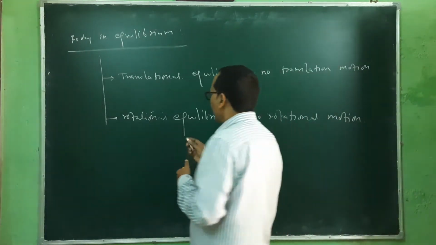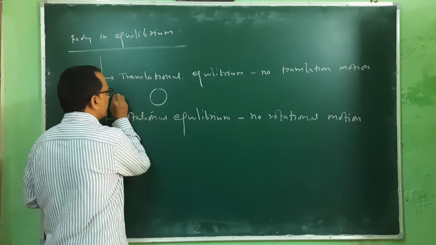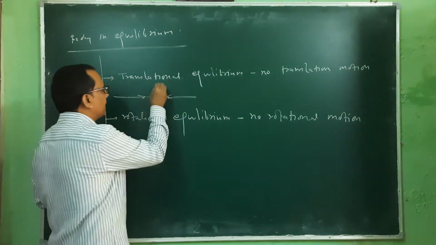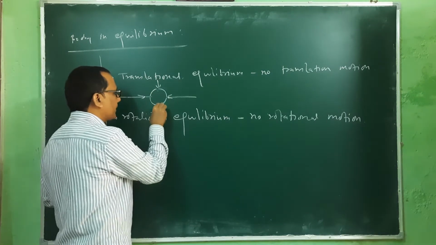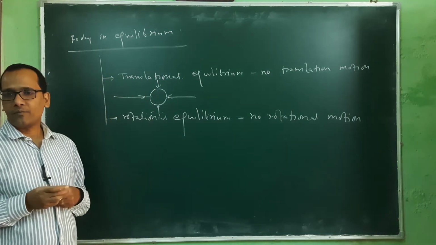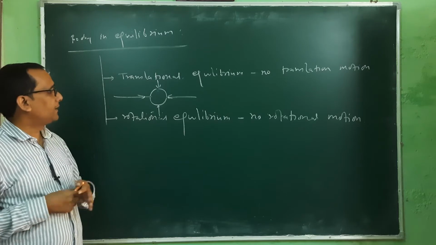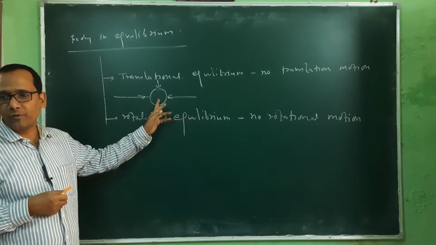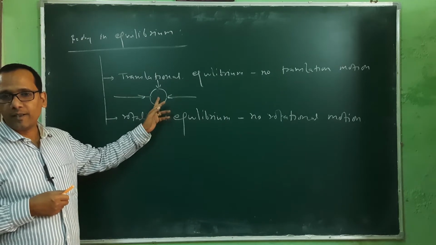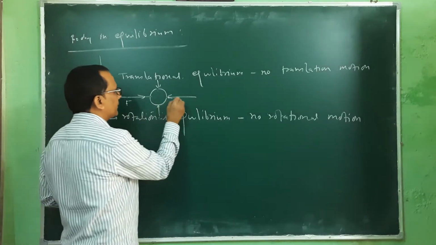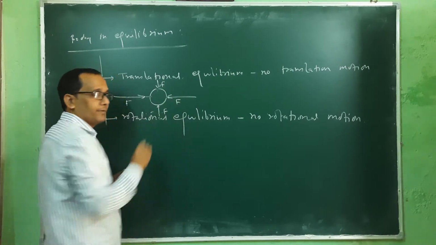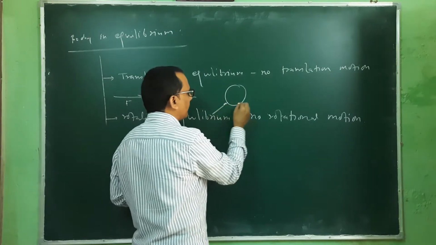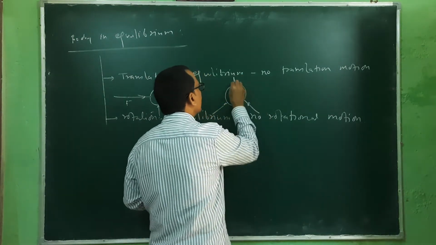For example, if this is that body, one force is applying along this, another force along this, a third external force along this, and a fourth along this. If the forces are equal, that body will be in a static form. There is no change in its linear position. That body is in equilibrium. Or there is another body: one force is applying along this, another along this, and a third along this.